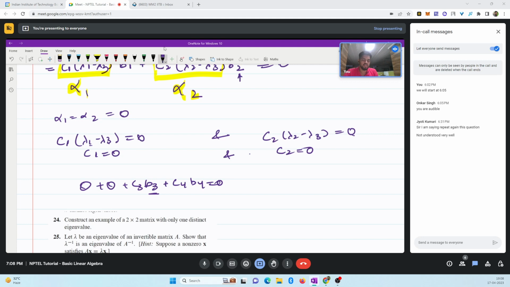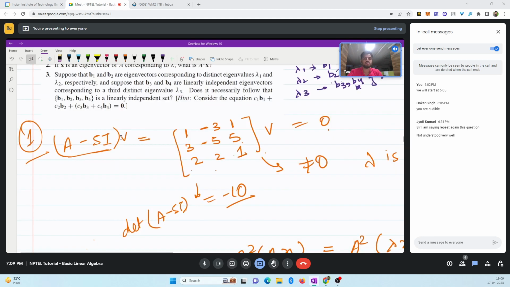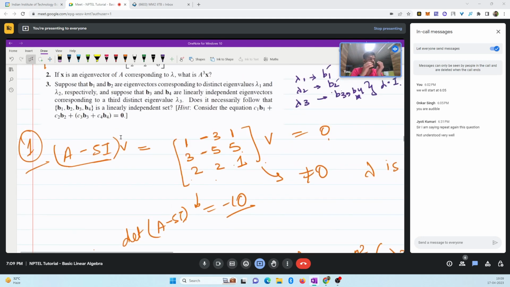Now, as it is already given that b3 and b4 are linearly independent, this implies that c3 is also equal to c4 is equal to 0. Hence this kind of combination also leads to linearly independent sets. Was it clear? Any doubt in this?